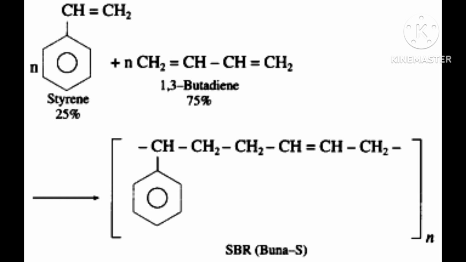You don't write NH2, you write only NH, and on the CH2 side only CH2 with an open valency, and you write this in brackets, and outside you write n.